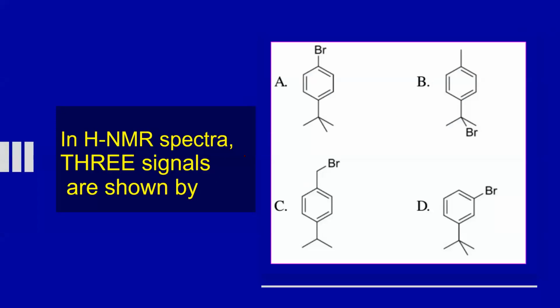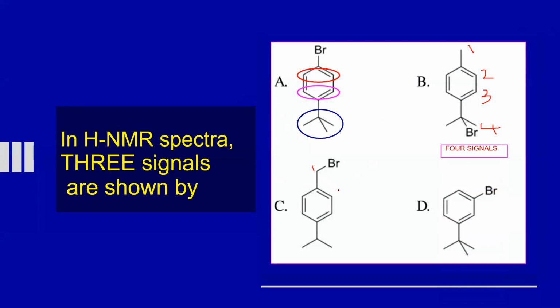So which will give only 3 signals. Look at 3 signals. So how? 1, 2, 3, 4 for these 2 methyl.